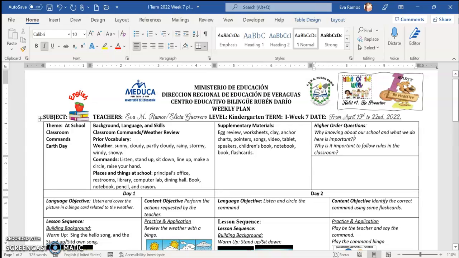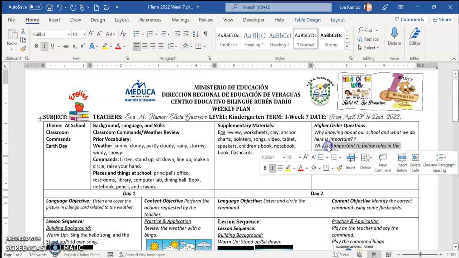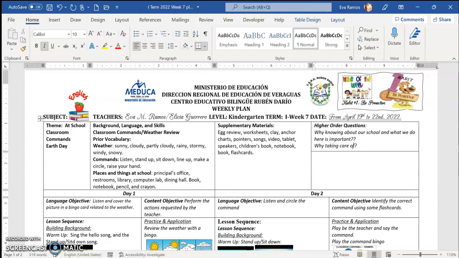But there are so many things that I want to do, and as we are connecting this week with Earth Day, why taking care of the Earth is important. You can ask that question at any point during the week, particularly on the 22nd, and if you're not teaching one group on the 22nd, on the 21st. Of course, you may opt out of using higher order questions. I like to use them.